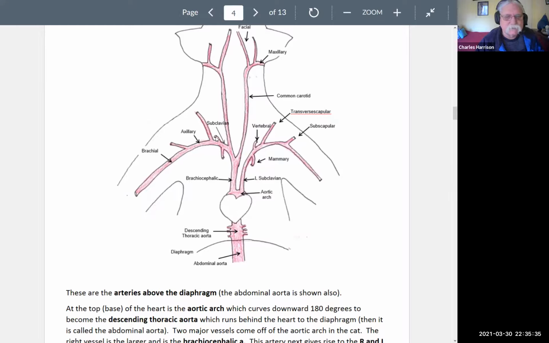See where the pointer is right now? They are vertebrals. There are vertebral arteries. They come from the vertebrae. They come up and they join roughly here. But they're so rare that we see them. They just confuse the situation, I think.